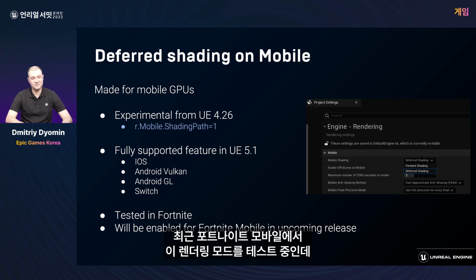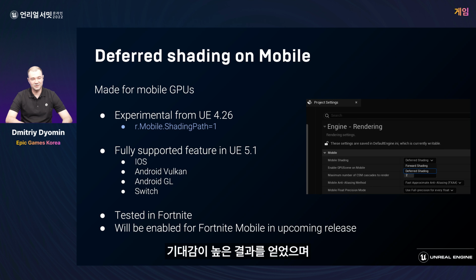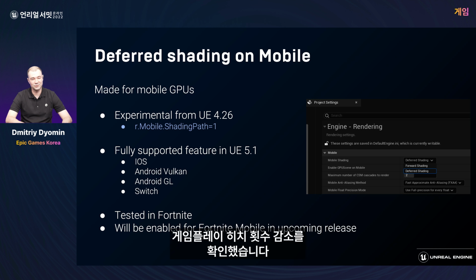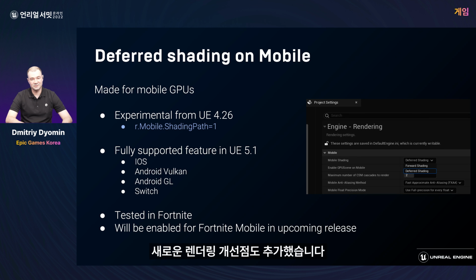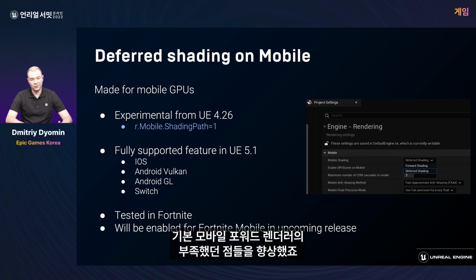Recently, we have been testing this rendering mode in Fortnite Mobile, and it shows promising results, improving overall performance, reducing memory usage, and number of hitches during gameplay. Along with performance, it adds some new rendering improvements that were missing in the default mobile forward renderer.